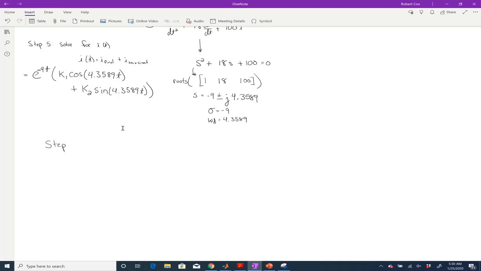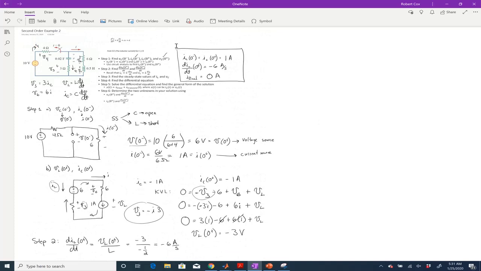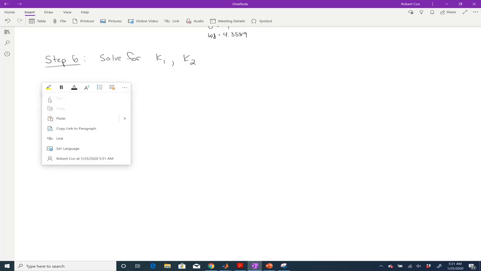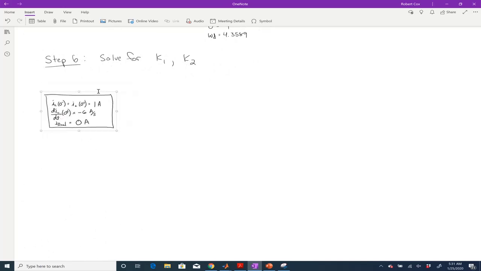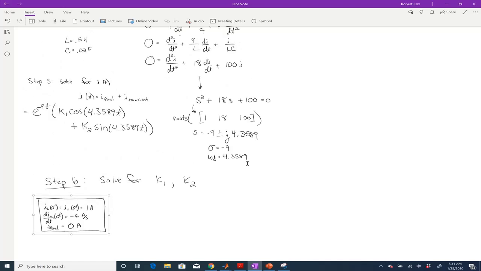Let's look at step 6, which is a bit of a mess here. In step 6, I want to solve for my unknowns, K1 and K2. So I want to go back to what I saved up here and bring it down. All this boxed information is helpful to me now.